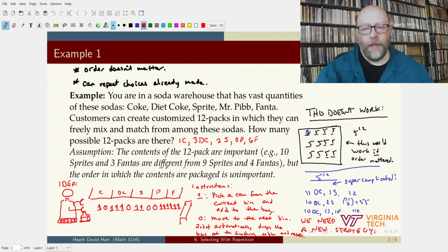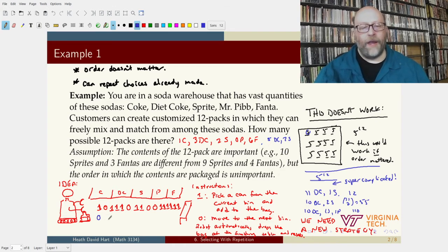Okay. Let's look at a different order. And I did not give myself a lot of space here, but let's try this order. What if we wanted just 5 Diet Cokes and 7 Sprites? Okay. So how would that order look? The robot is starting at the Coke bin, but doesn't buy any Cokes. So 0 takes the robot over to the Diet Coke bin.